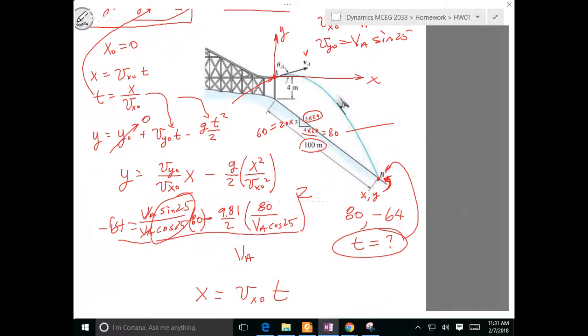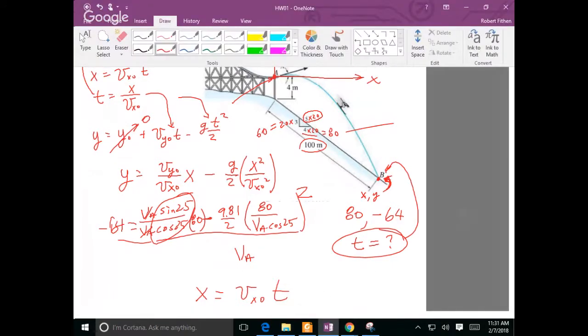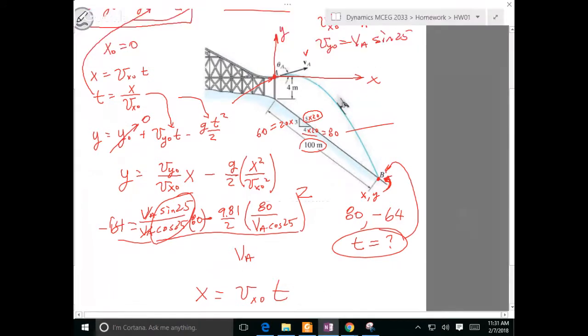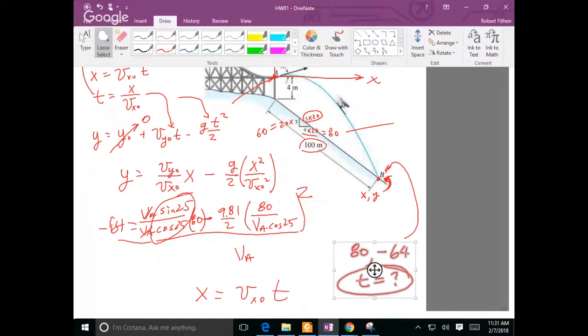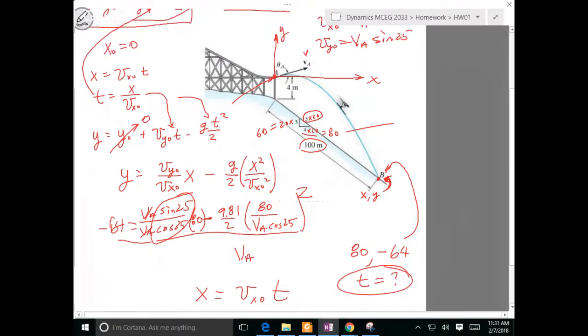I bet you that he's asking, this is one of those things where you sometimes look at the back of the book in order to figure it out. But my guess is this. I bet he's wanting to know, here's your velocity you hit the ground at, and you're going to have an X component.